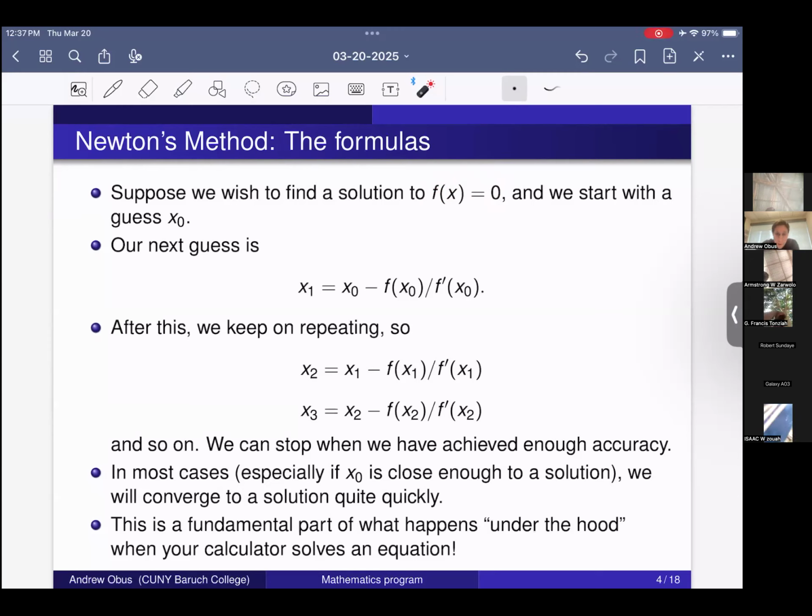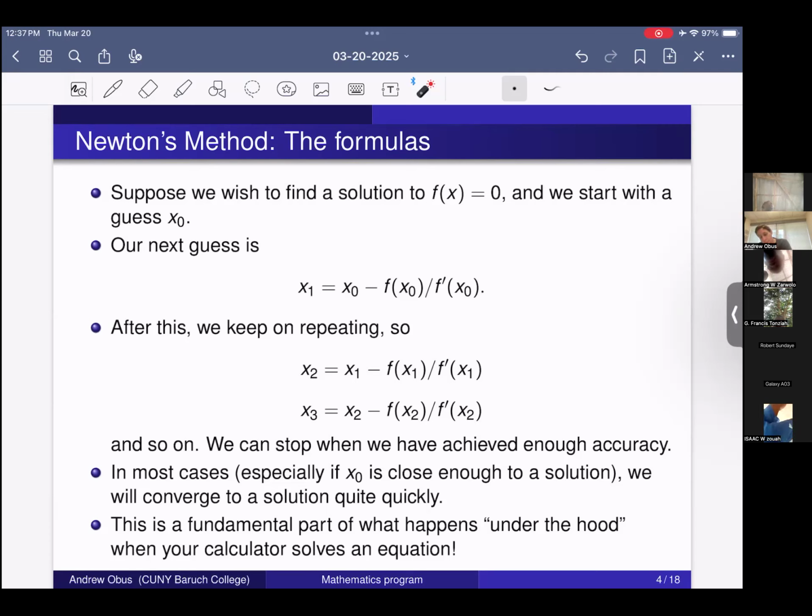What it does not do is what we do in high school algebra class, where it tries to solve the equation by doing something to both sides and solving for x, the way you solve linear equations or quadratic equations or even trigonometric equations. The calculator doesn't do that because there are too many types of equations to solve like that, and there's no way it would have enough techniques to do it. What your calculator instead does is a kind of numerical approximation method, which is what Newton's method is.